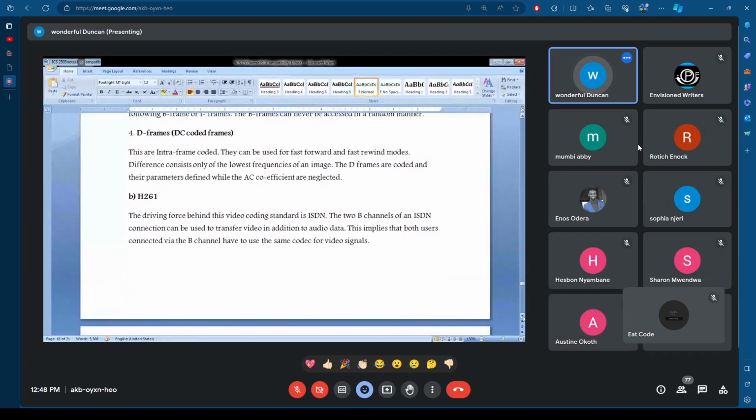Codec is for coding and decoding: coder and decoder.